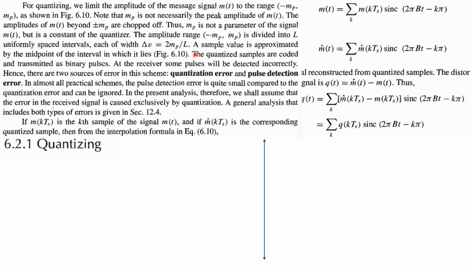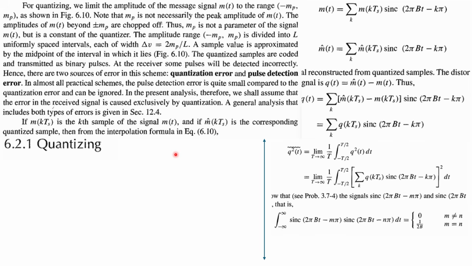Clear? Now we will try to find the quantization error. Since we are approximating the values of the amplitudes on the y-axis, definitely if you are sending some information instead of the actual amplitude, it will have some deviation, and that is called the quantization error. So how much will it be? Suppose this is m(t), that is m(kTs) with sinc functions.